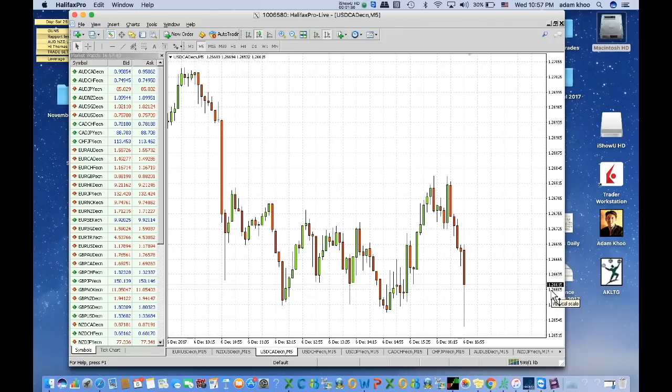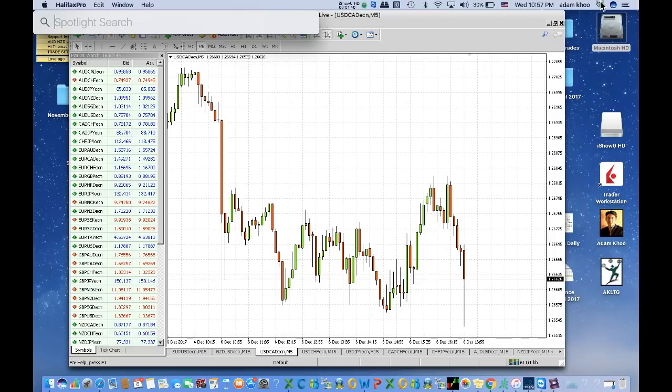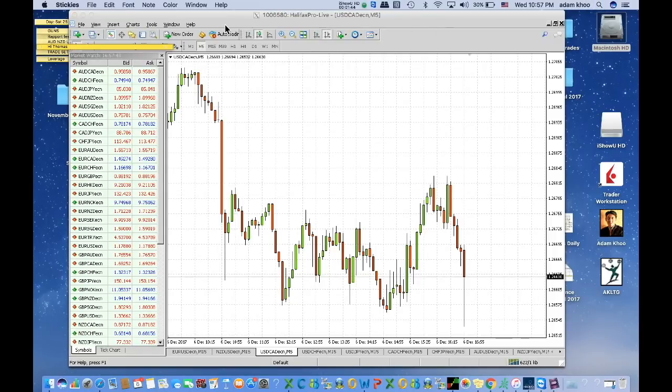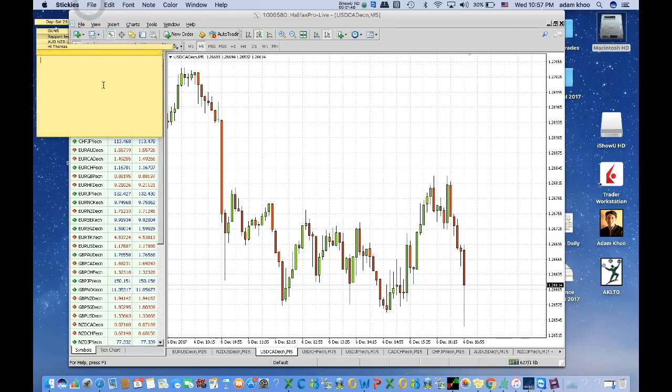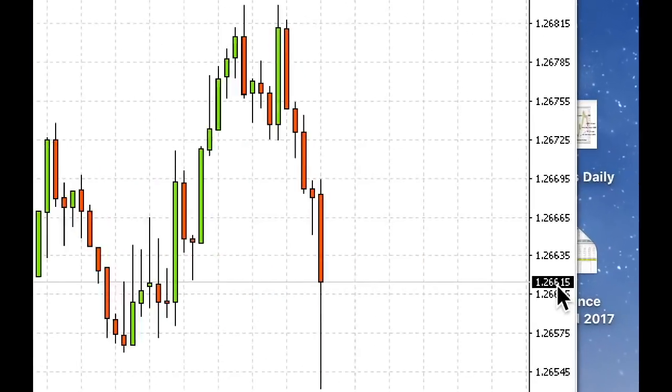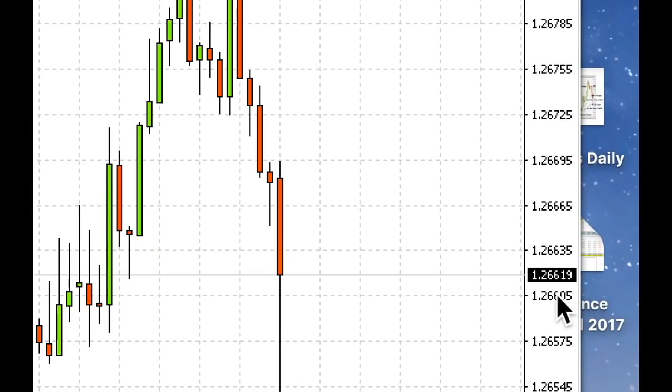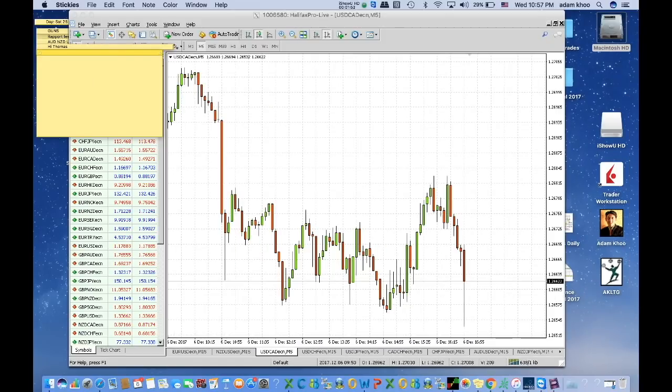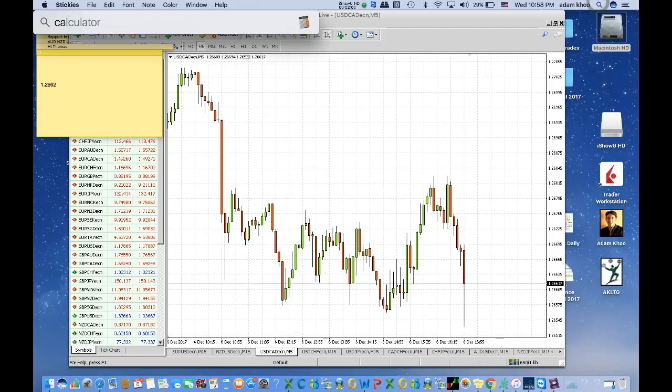Currently the market is at, let's see, what's the price right now? Let me just open something up here. Okay, so the price is currently at 1.2662. Okay, so I'm going to put my buy order 12 pips above that.